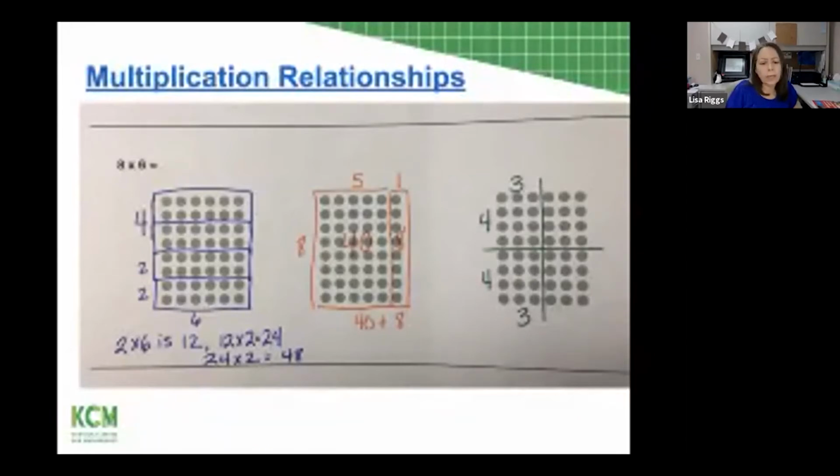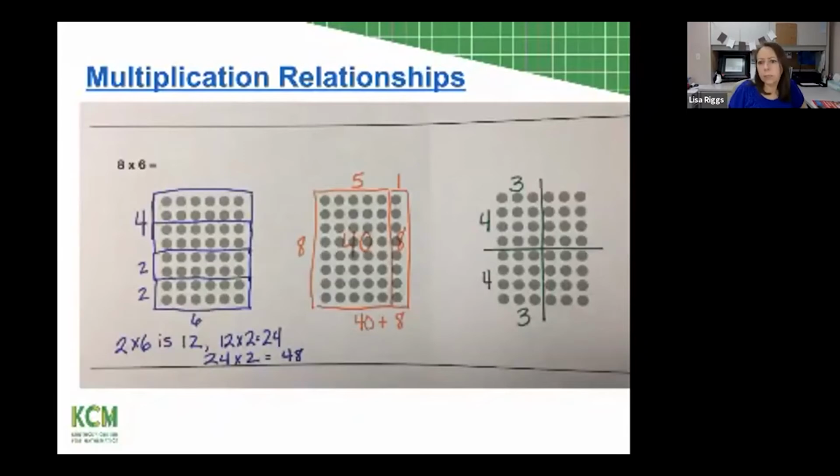I think he has them in a PowerPoint format as well. So if you wanted to display it on your whiteboard or a Jamboard, you could use it to show student thinking and how they're seeing those relationships, because that's what we want students to do, to make those connections.